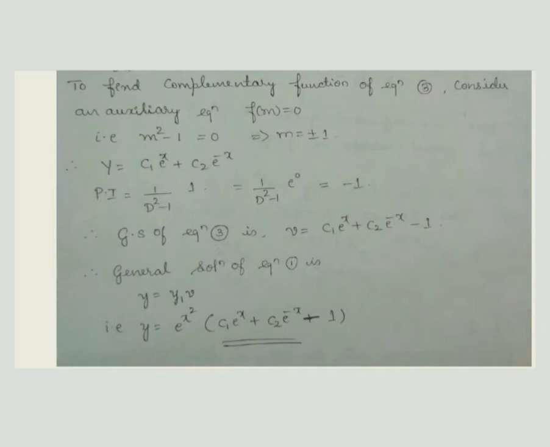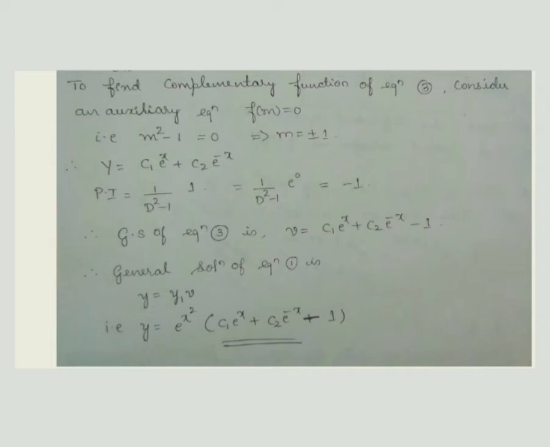But here it is m square minus 1 is equal to 0. So m square is equal to 1. So what is m then? Plus or minus 1. Observe that it has distinct roots. As distinct roots, we can write the complementary function as y is equal to c1 e power x plus c2 e power minus x, where c1 and c2 are arbitrary constants.